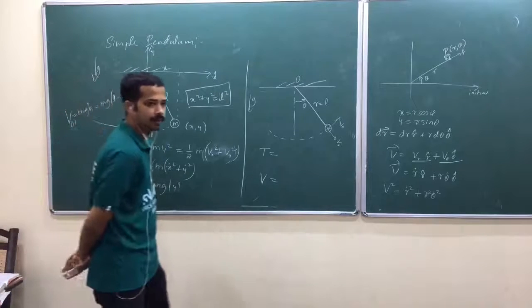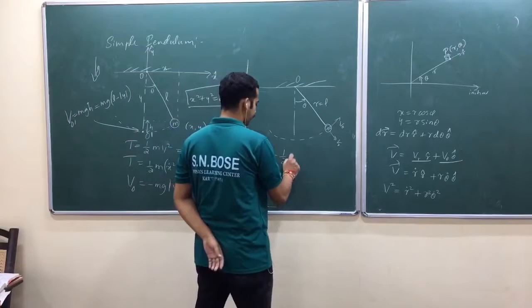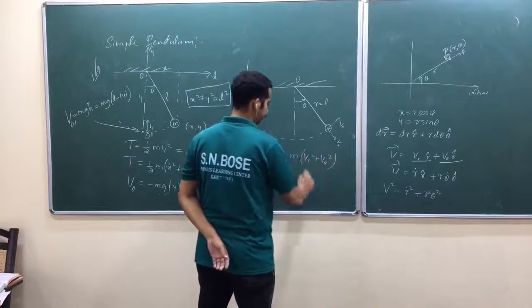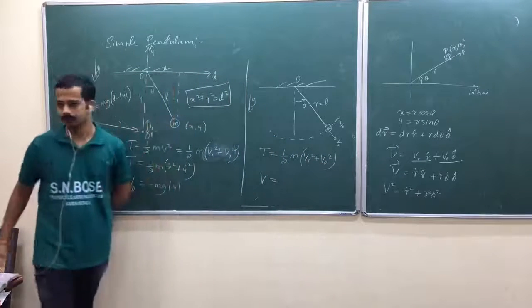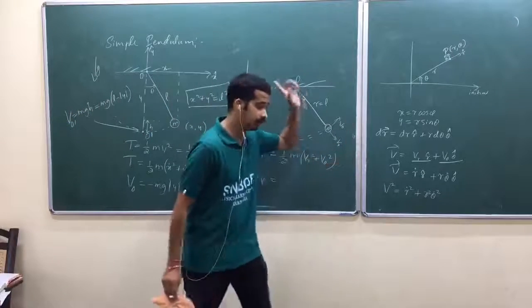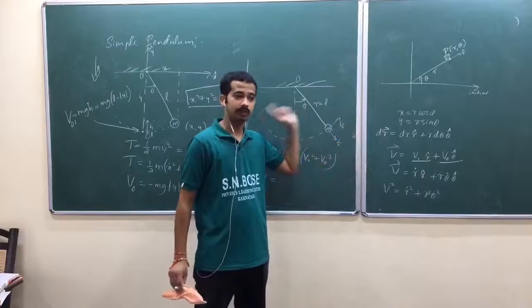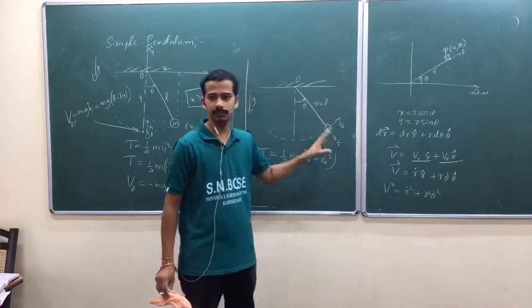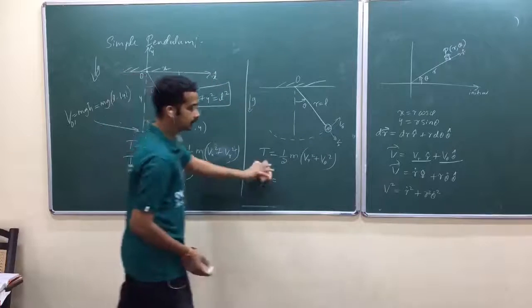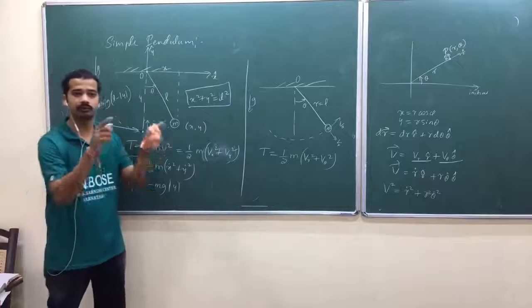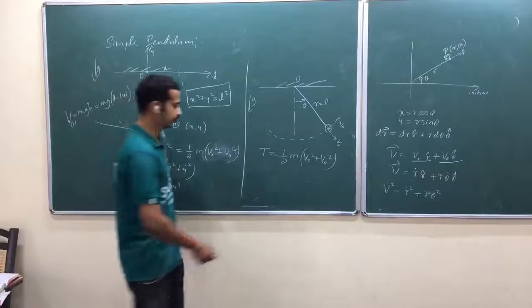Is that okay? So that's why T is equal to half m, Vr square plus V theta square in that coordinate system. And you should know this also, in this coordinate system we can eliminate a coordinate. Why did we make this choice? Because we can eliminate the coordinate. That's why it is very important. So yesterday we had that question, what is the choice of generalized coordinate? Am I right? Now look at here.